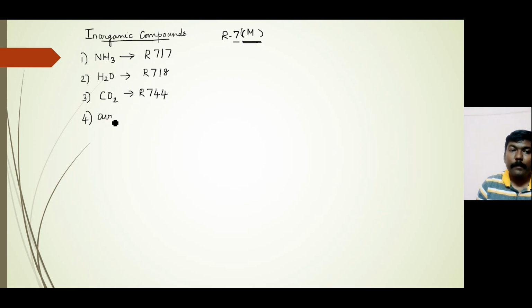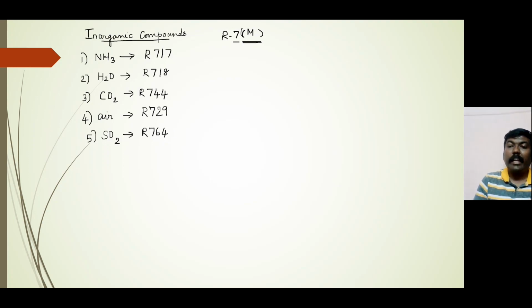How about air? Air is again inorganic. R followed by 7. The molecular mass of air is going to be 29. So R729. Sulfur dioxide. R followed by 7. For oxygen, it is 16 plus 16, 32, and the molecular mass of sulfur is also 32. So 32 plus 32 is 64. R764. So this is how inorganic compounds are designated.